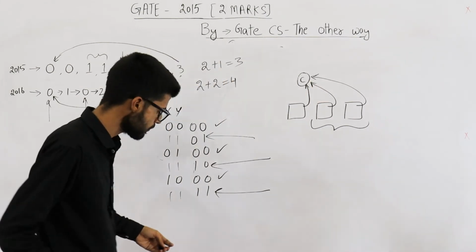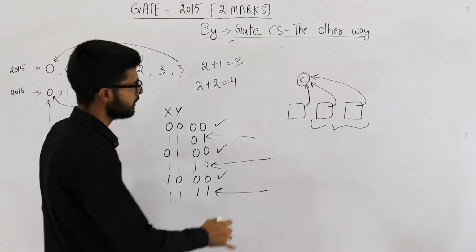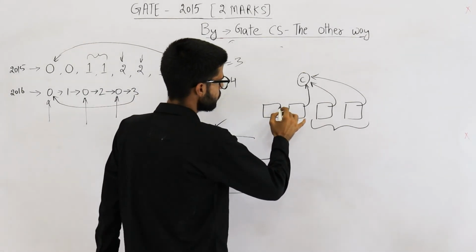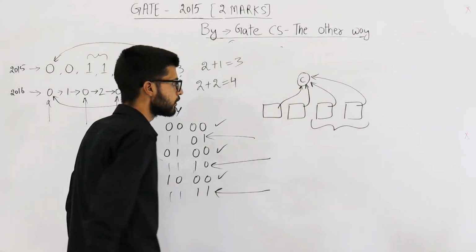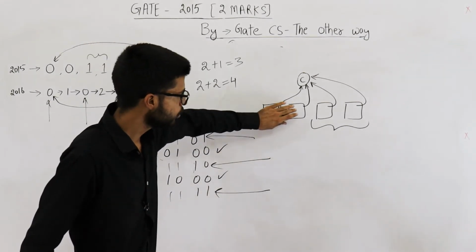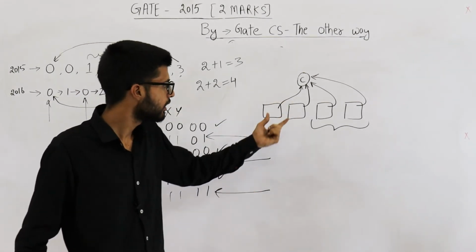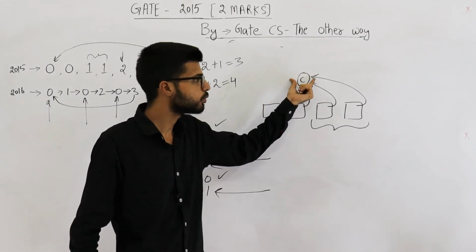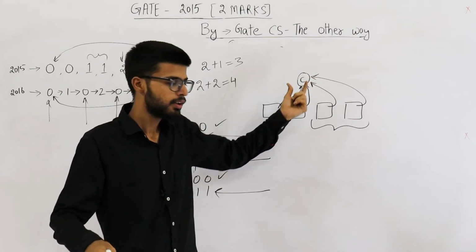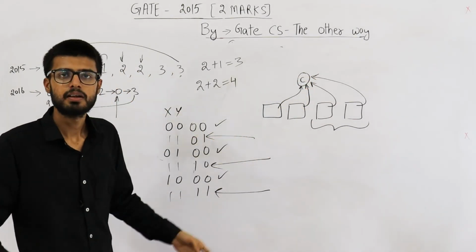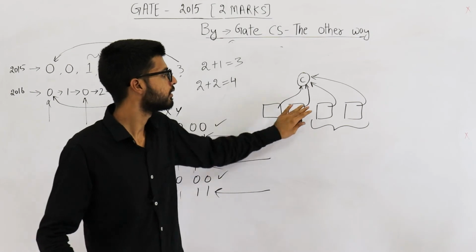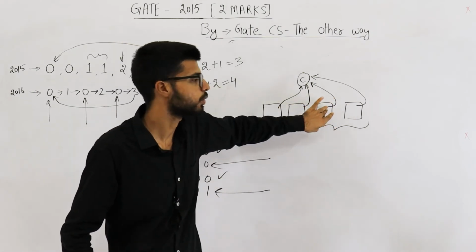Suppose we have used these 4 flip-flops. Now these 2 are part of the circuit. Their value is actually used to get to know the current state. Current state is of 4 bits. But while giving the output, we neglect these 2 and only these 2 are considered.